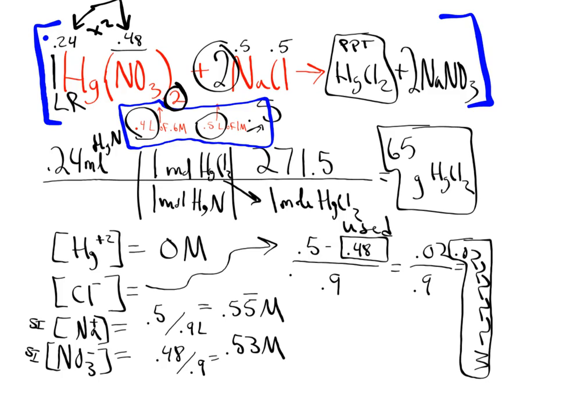So the concentration, once it breaks apart, of NO3 is twice that of Hg. Well then why are these the same then? Tell your lab partner. Because there is no subscript. Good enough. So those numbers came from there.